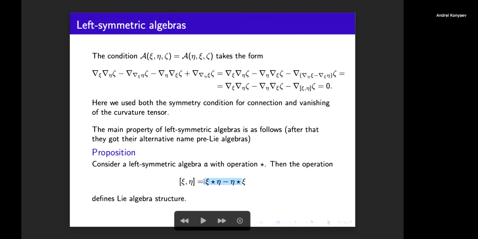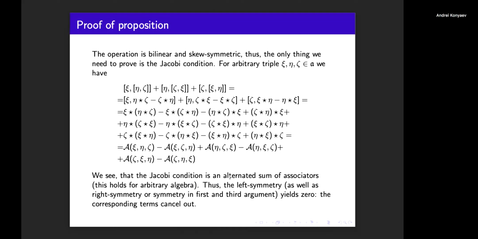So we take a left symmetric algebra and define a commutator. Same way you do, for example, in matrix algebra. You can multiply matrices and you define the commutator as AB minus BA, the commutator of A and B. So you take this commutator as a definition and you look at the Jacobi identity straight ahead. So what you do, you write like this.